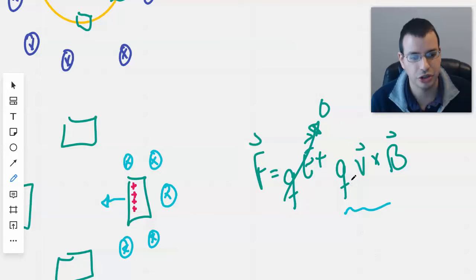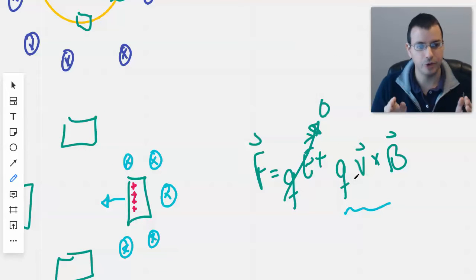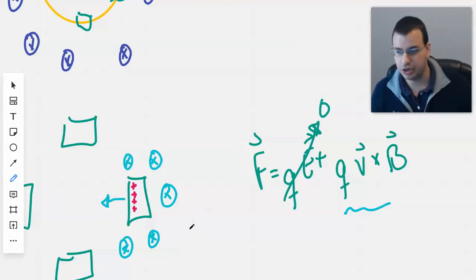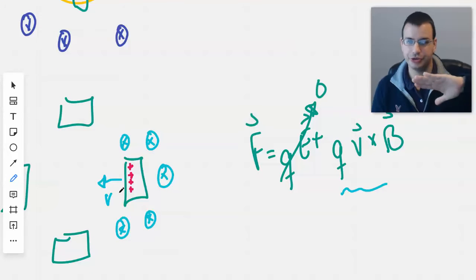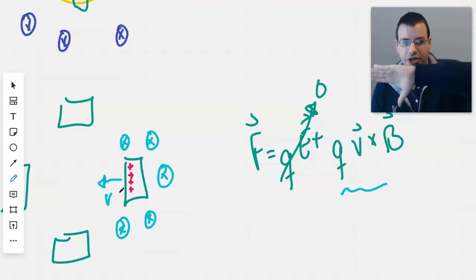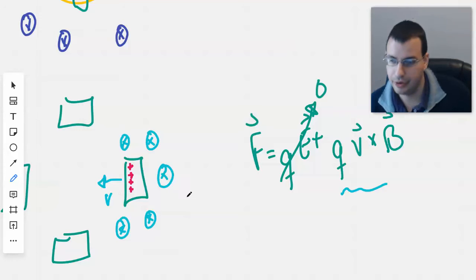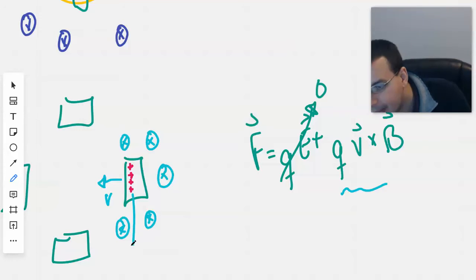We have charged particles moving in a magnetic field. So if we look at this, we're going to have force equals Q, V this direction, times B, which is into the board. And so we're going to get a force down.